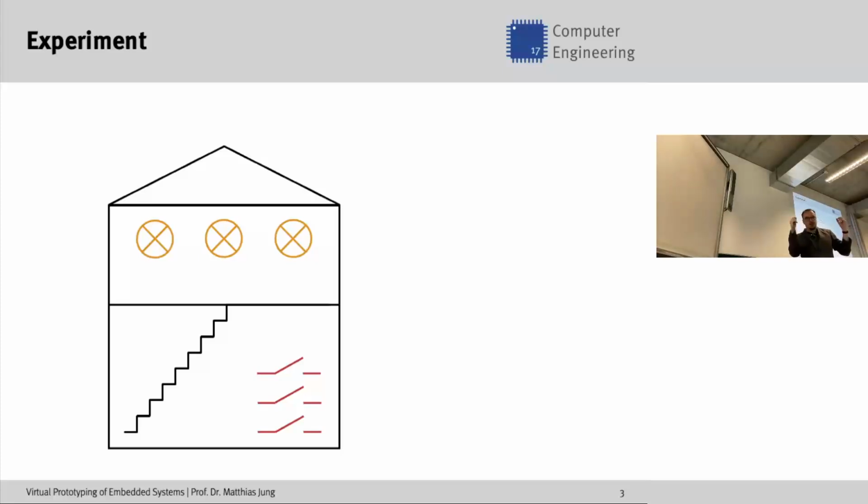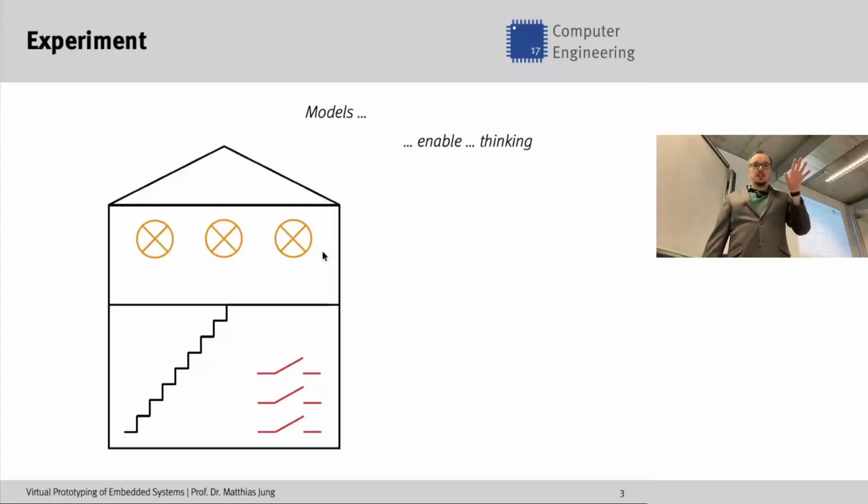So the important thing is here, I gave you a model, but I missed the aspect of temperature. If I had said directly that temperature also plays a role, then you would have figured it out directly. Therefore, models enable thinking, so we can think about a system and we can discuss it when we use such a model.